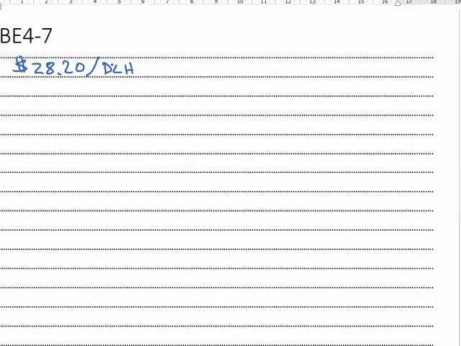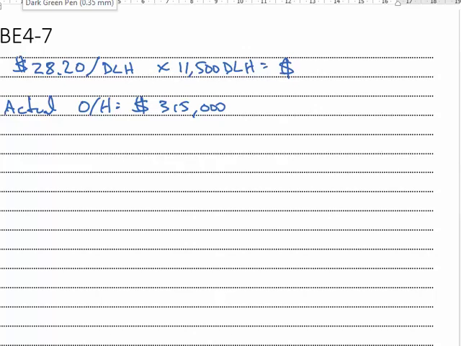The company incurred total actual manufacturing overhead cost of $315,000. So what was allocated? Well, let's see. They used 11,500 direct labor hours. And so the amount allocated is going to be 324,300, I think.